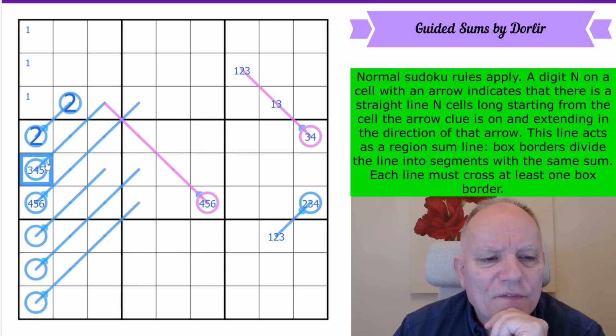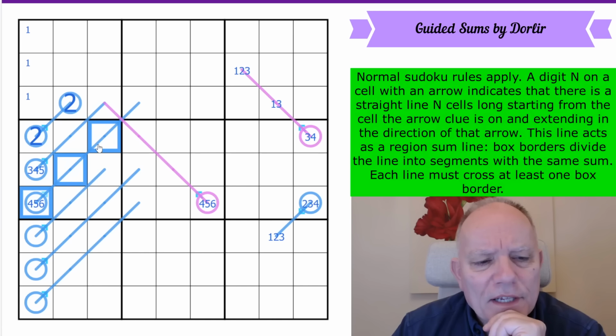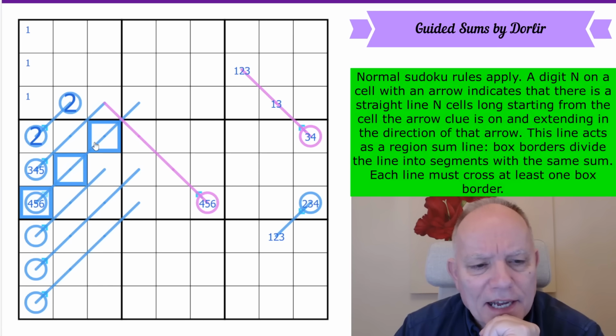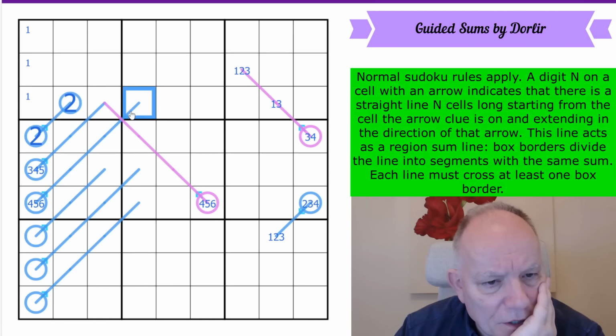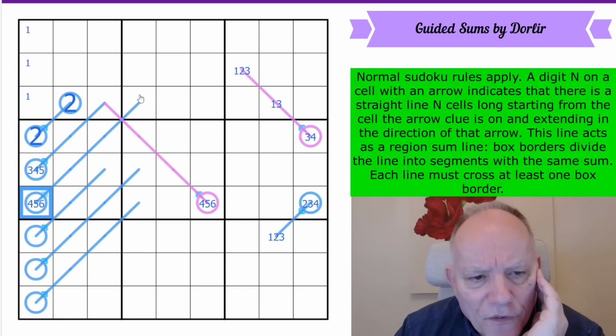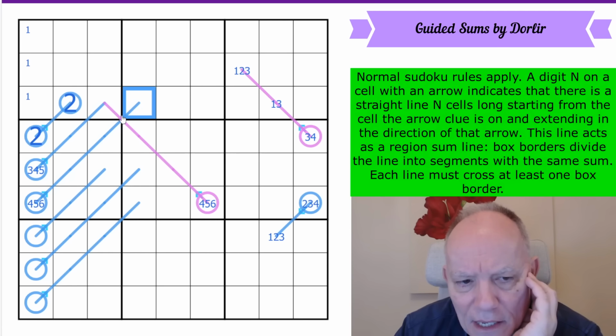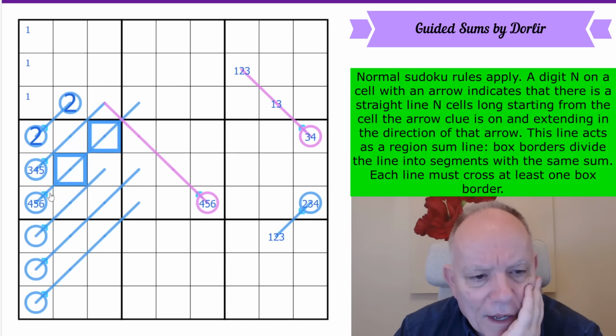And this would become a 5 then. Why would these be 4, 1, 3? Because 2's gone in the box, and you can't keep the total down if you use a 5 to a 1 cell. So if that was 4, the line would end here, and this cell then has to do quite a lot of lifting.